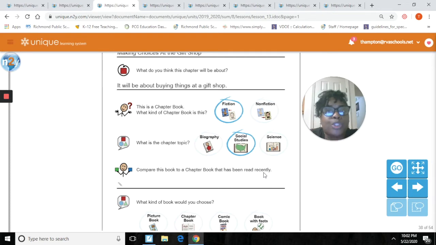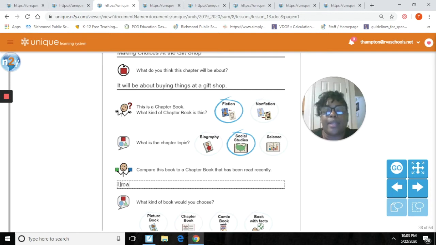And then you can take the time on your notebook paper or notepad or whatever you have that's handy, and think about a book that you've recently read. Then you can compare it to this book that we're going to read. Although we haven't read it, we have looked at the book cover.